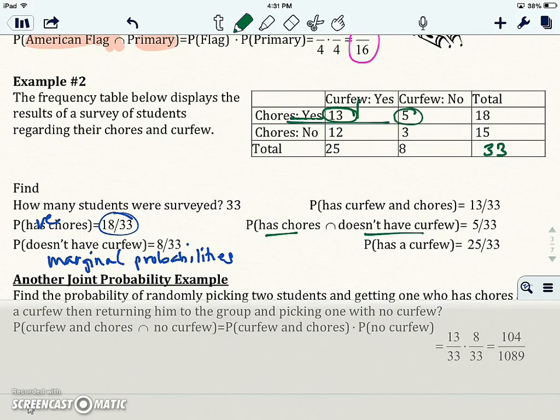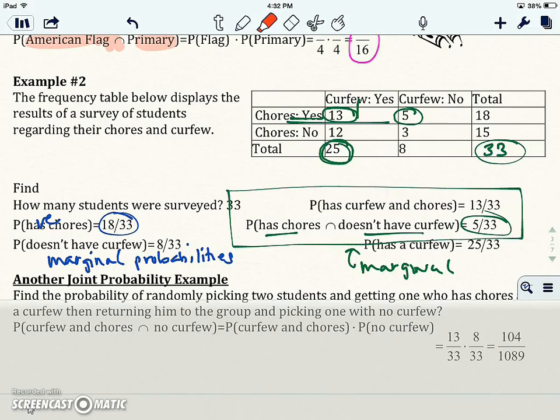Chores but no curfew. 5 out of 33. And has a curfew. Okay, in this case, how many kids have a curfew total? 25 out of 33. So this one is also marginal. Notice that these two are not, and that's because they were compound. They had and, or they could have also said or.